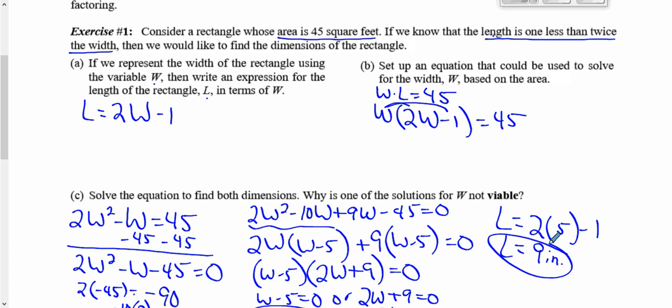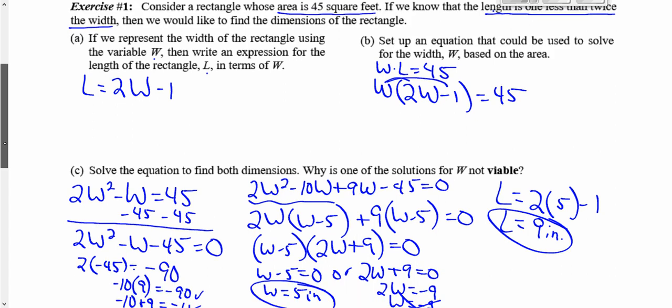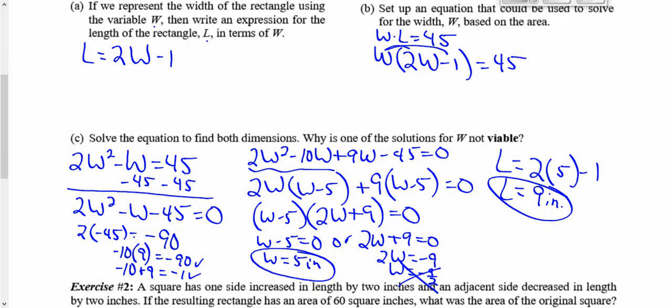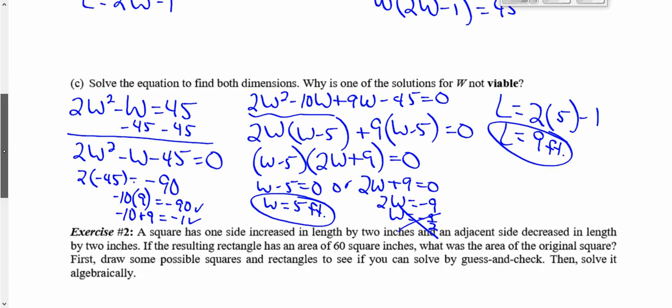Oh, these are in feet, sorry. That should be in feet. I should read the problem, huh? All right, just check it real quick. What's 9 times 5? And that's the area, right? There you go. Okay. Moving along.